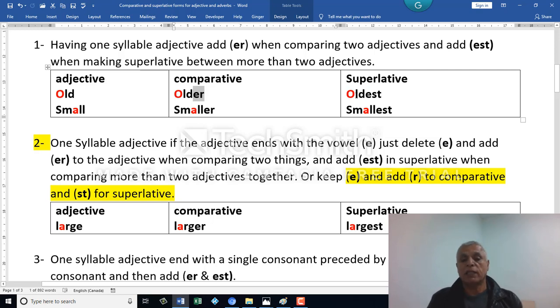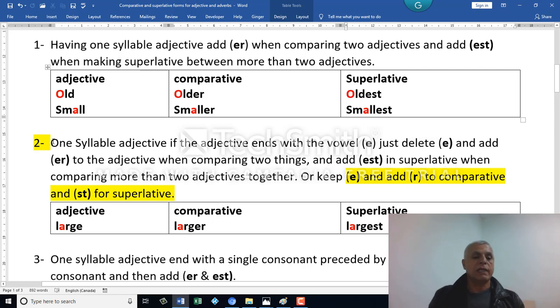When we have a superlative, we add est, we say oldest. And also, if we look here, this adjective, small, we have only one vowel or one syllable. Then we add er to the end of the adjective, we say smaller. Then here we add est when we make a superlative, we say smallest.